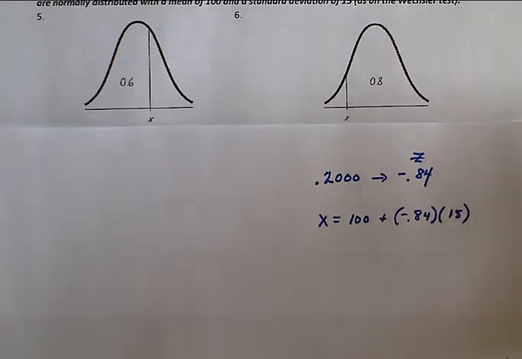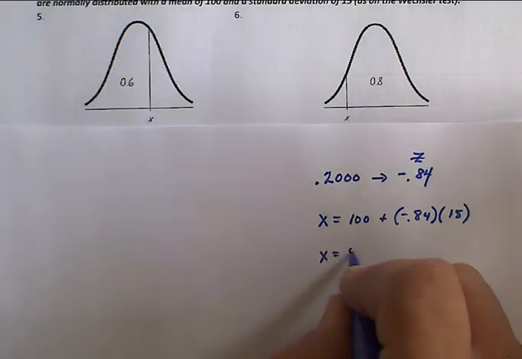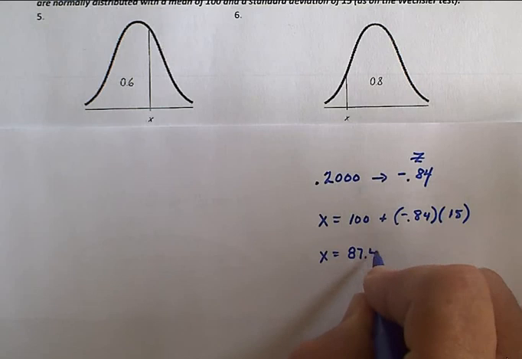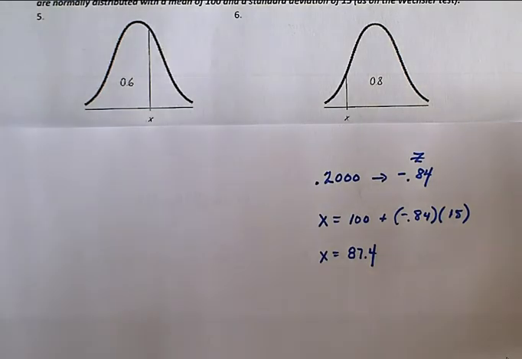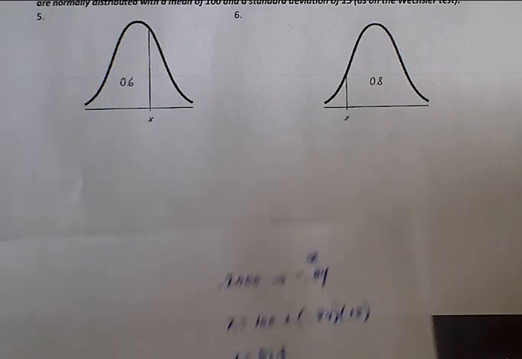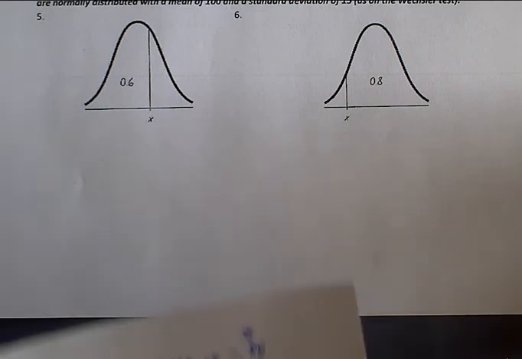Okay, so taking your calculator now, negative 0.84 times 15 added to 100, I get an X score of 87.4. Okay, so that's how you want to approach those problems.